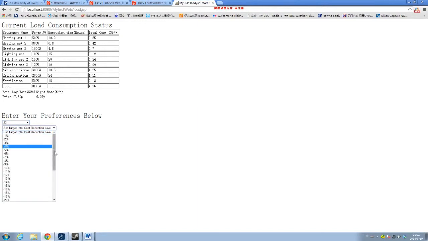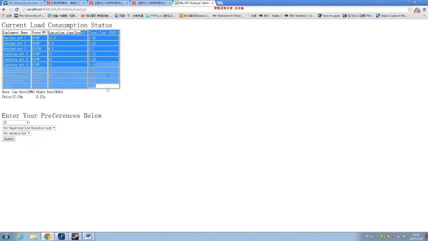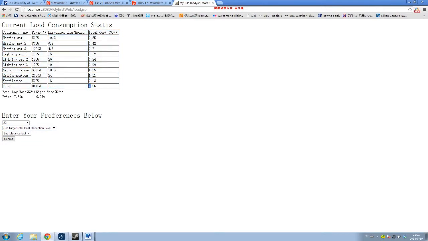And we can also set a target total cost reduction level. Maybe you think, oh, £5 a day, that's too much for me. So we may want to reduce 25% for the next similar day.